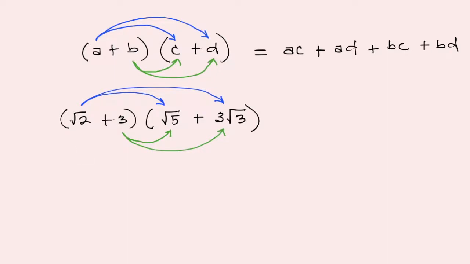And so we have root 2 multiplied by root 5, plus root 2 multiplied by 3 root 3, then we move to the second term, which is 3 multiplied by root 5, and then 3 multiplied by 3 root 3.